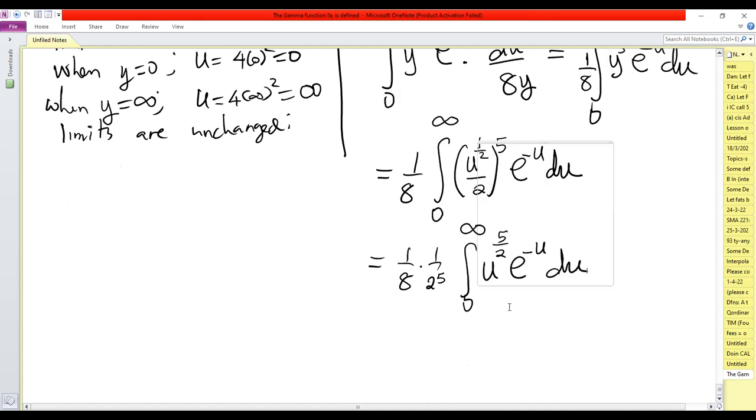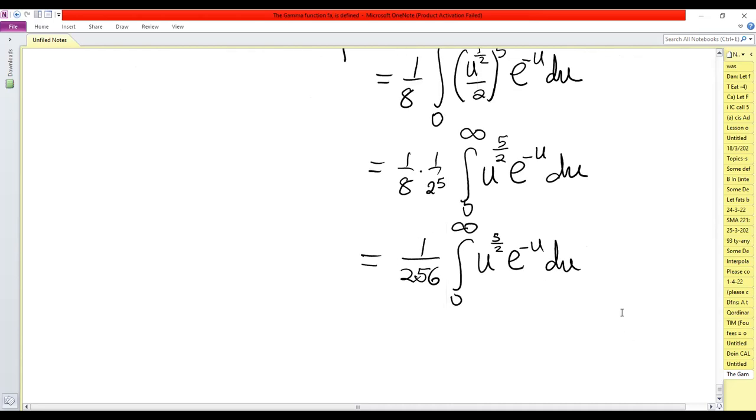And then 1 over 8 times 2 power 5 we get 1 over 256. So we'll have 1 over 256 integral from 0 to infinity of u raised power 5 over 2 e raised power minus u du.